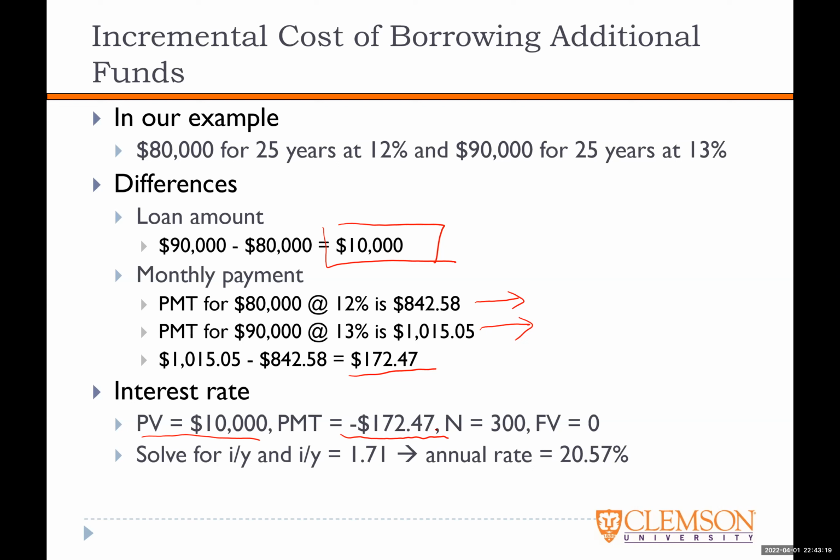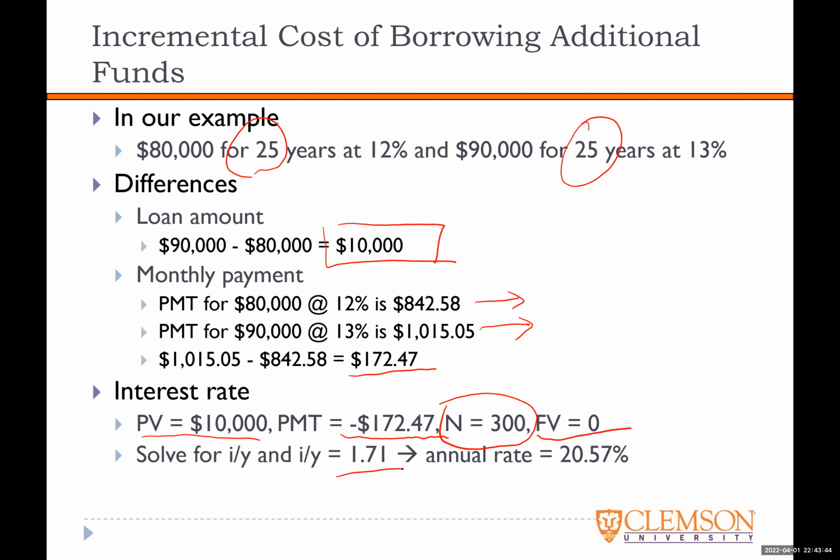We know that because the loans are 25 years, we would have to make 300 payments. Because both loans fully amortize, the future value after 25 years is 0. We have the monthly payment, we have N, we have future value, we have the present value. We solve for the discount rate.